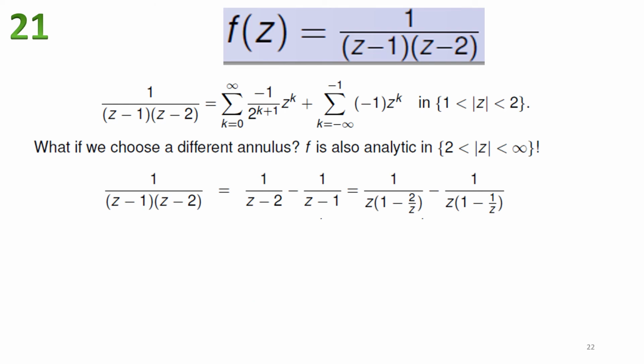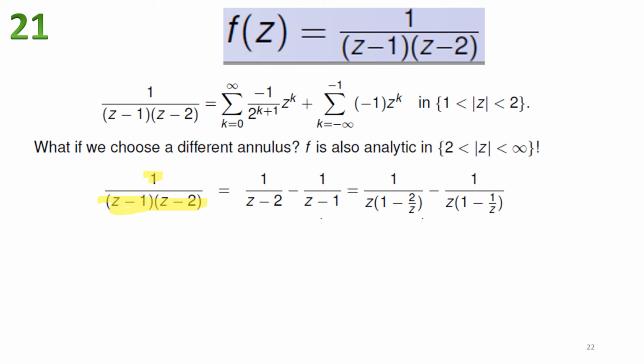Now here we are again going to the trick of rewriting the geometric series, and for that purpose we have written this 1 upon z minus 1 into z minus 2. This we can factor very nicely, in the way we have done it earlier, as 1 upon z minus 2 minus 1 upon z minus 1. This we have done.